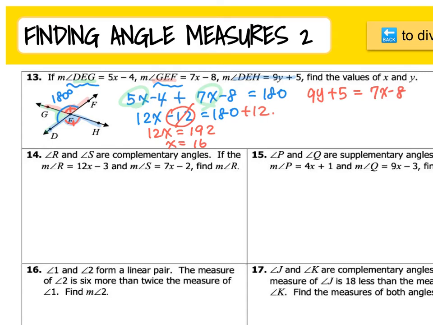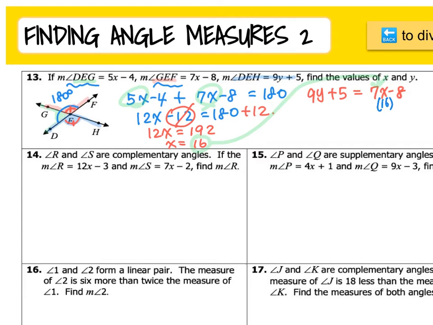However, we already know what x is. So we can plug that 16 into GEF. So 7 times 16 minus 8, that will be 104.